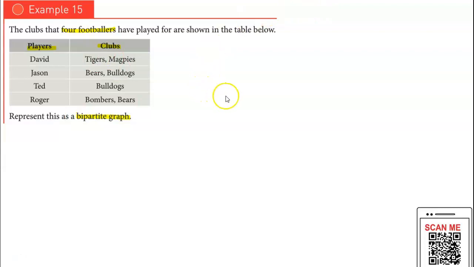A bipartite graph here has two groups, the first being the players. So on the left, I'll put the players. This is David, Jason, Ted, and the next one is Roger.